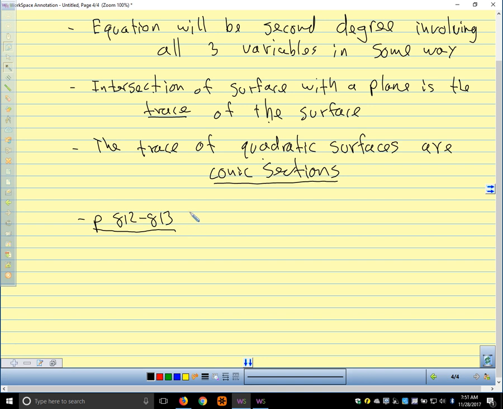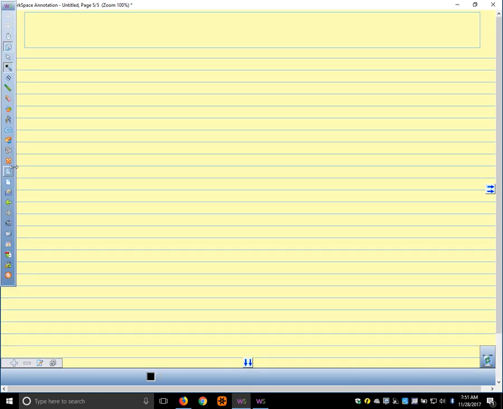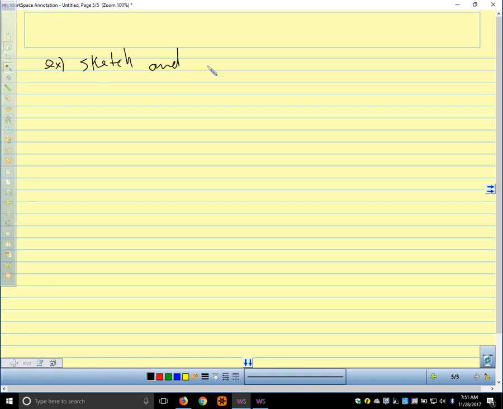So the table gives us our equations of quadratic surfaces. What I want to talk about is using the trace of a quadratic surface to help us visualize it. All right, so let's say we want to sketch and classify x minus y squared minus 4z squared equals 0.